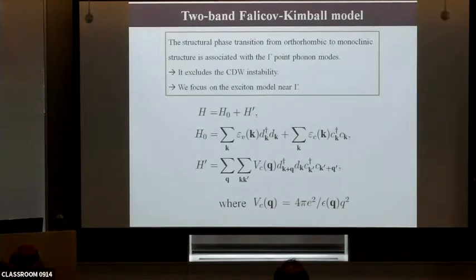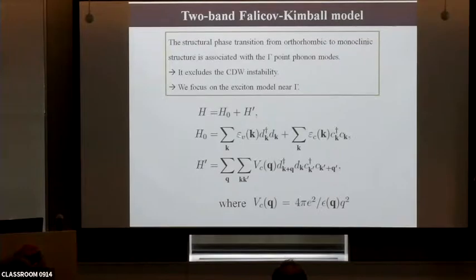So in order to interpret the experimental result more thoroughly, we adopted the two-band Falicov-Kimball model. The model Hamiltonian has two components, H0 and H prime. Here, H0 is a non-interacting Hamiltonian and consists of the band energy of valence and conduction band.